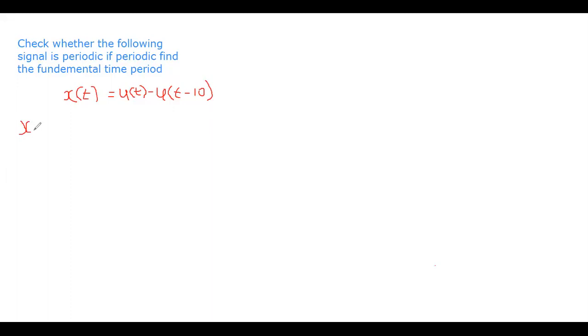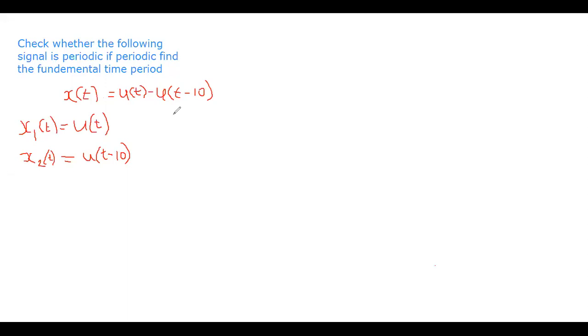Now let us consider x1 of t is equal to u of t, and similarly x2 of t is u of t minus 10. So here x of t is u of t minus u of t minus 10.